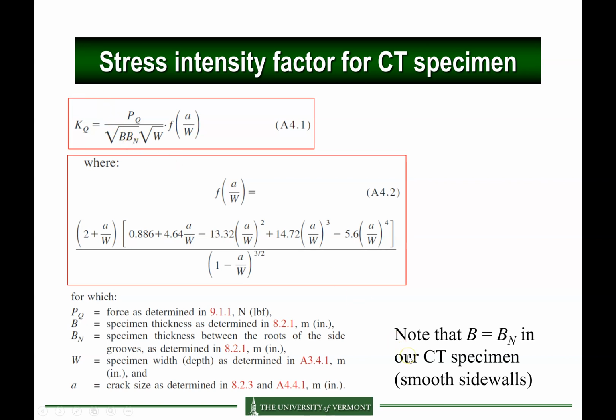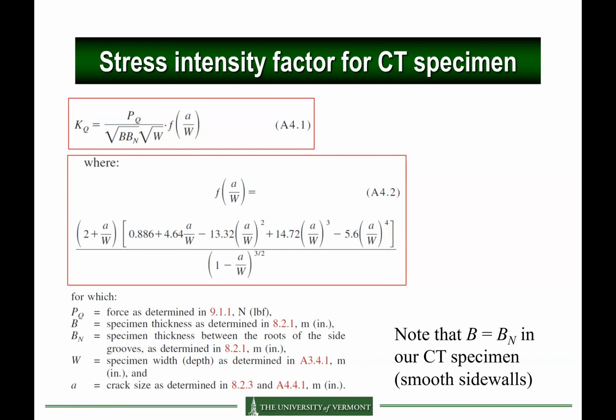So for most of the time, I would say 95% of the time, B equal Bn. So Bn is actually the thickness of your specimen. So if B equal Bn, then square root of B squared is B. Alright, so this term is B, square root of W. Okay, and then F, remember, is the shape function. So usually F is close to 1.